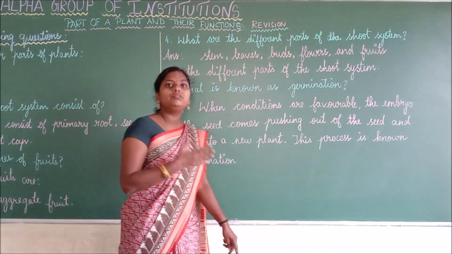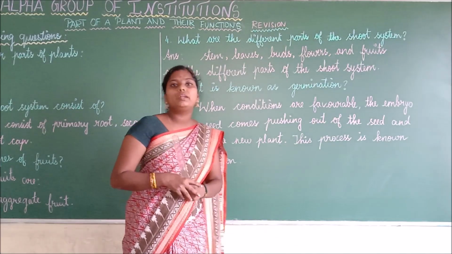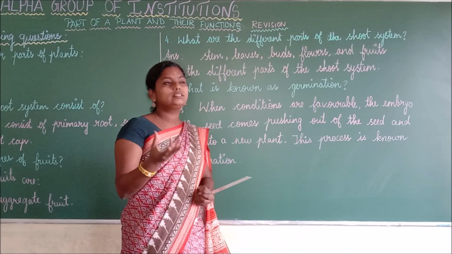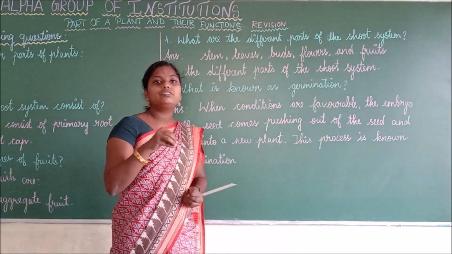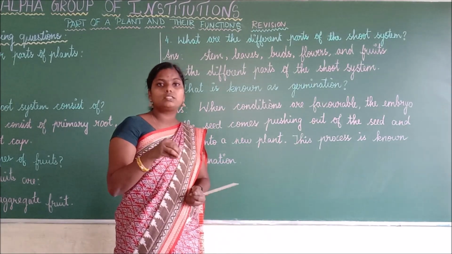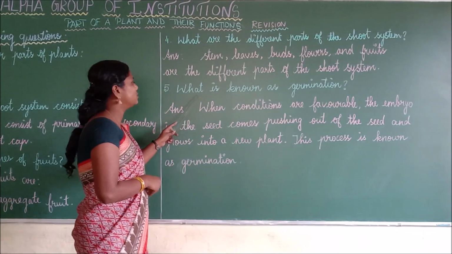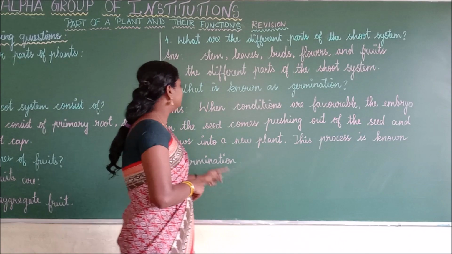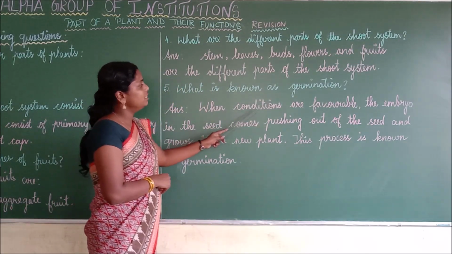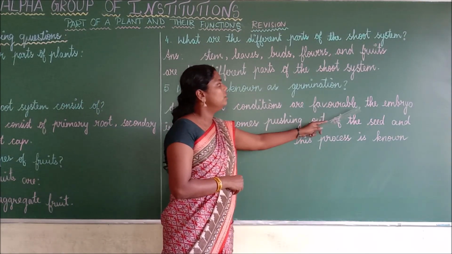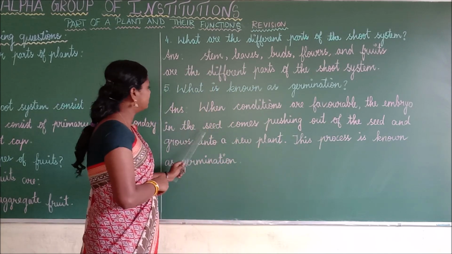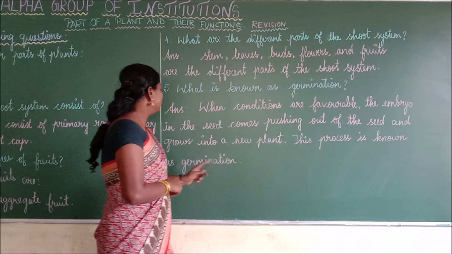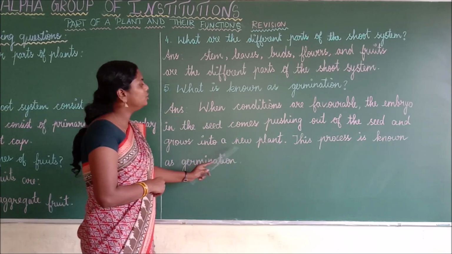Already when we took the class, we gave you an activity. You have to sow seeds in plastic glasses or bowls and see how the germination process happens. So this is the question, what is known as germination? When conditions are favorable, the embryo in the seed comes pushing out of the seed and grows into a new plant.